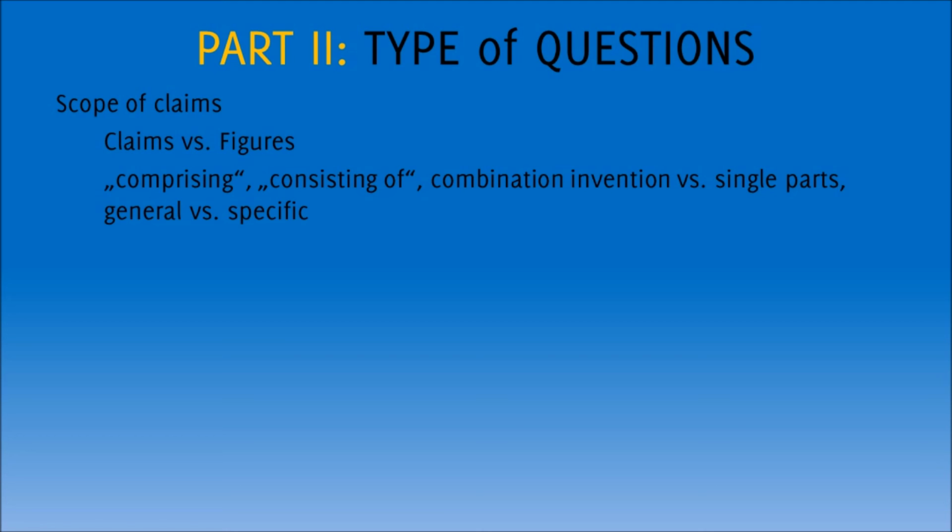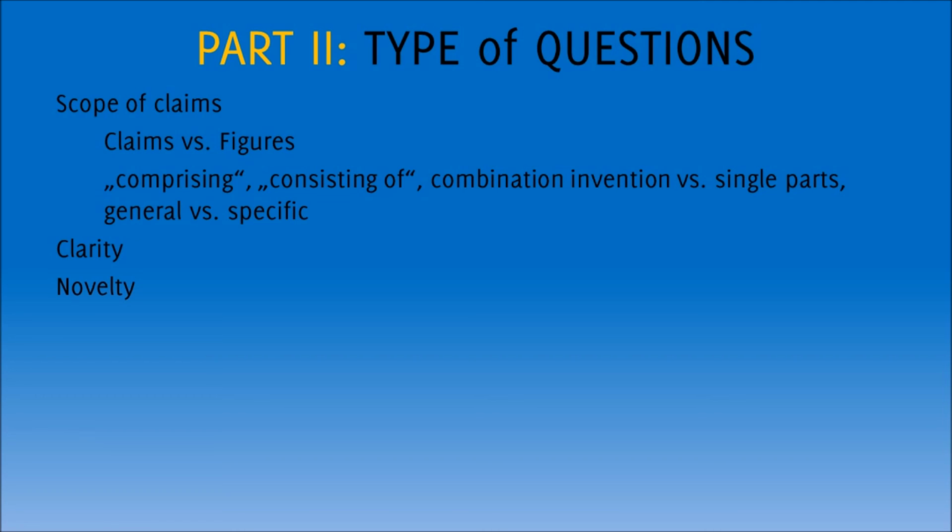A little bit like we had in our example with the lid versus the system comprising a container and a lid. Then general versus specific features might be a role, maybe even ranges which are included somehow in claims, those kind of things. Clarity might be an issue which sometimes comes up.